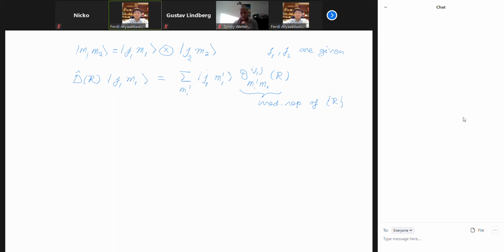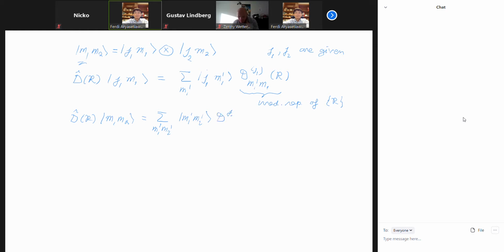Now you can also look at the effect of the rotation on the compound state, and we then have M1 prime, M2 prime. And these states now transform according to the direct product representation.